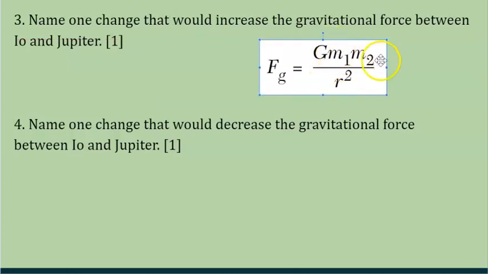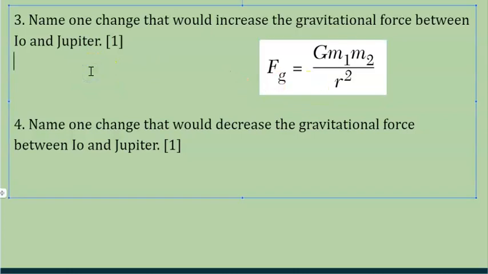We can increase a mass, or we can decrease the distance between them. Either one would be fine. It could be increase the mass of Io, increase the mass of Jupiter, or decrease the distance between them. And that is because mass 1 and mass 2 are in the numerator, so it's a direct relationship. If I make mass 1 bigger, force also gets bigger.